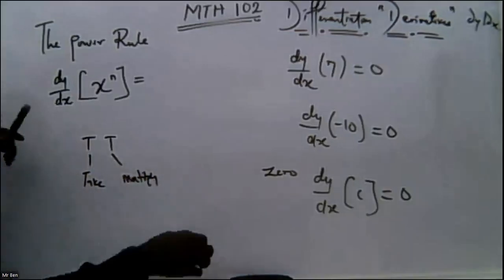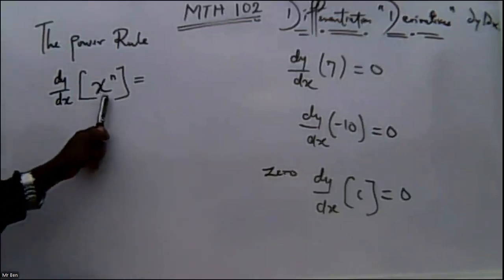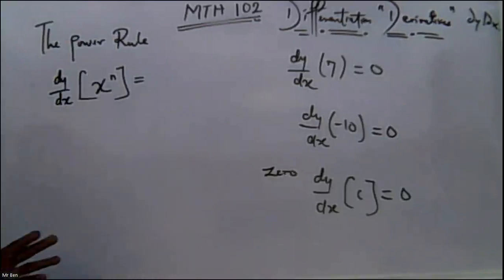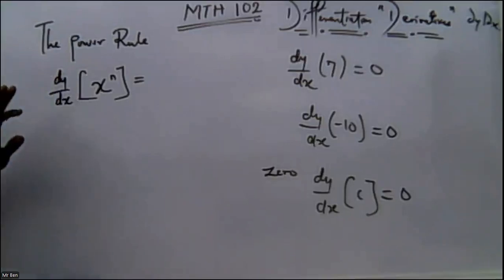Do you understand that? Now, to differentiate this function x raised to power n, once you see dy/dx, they are automatically telling you to differentiate or find the derivative. That is the reason why it's called dy/dx.